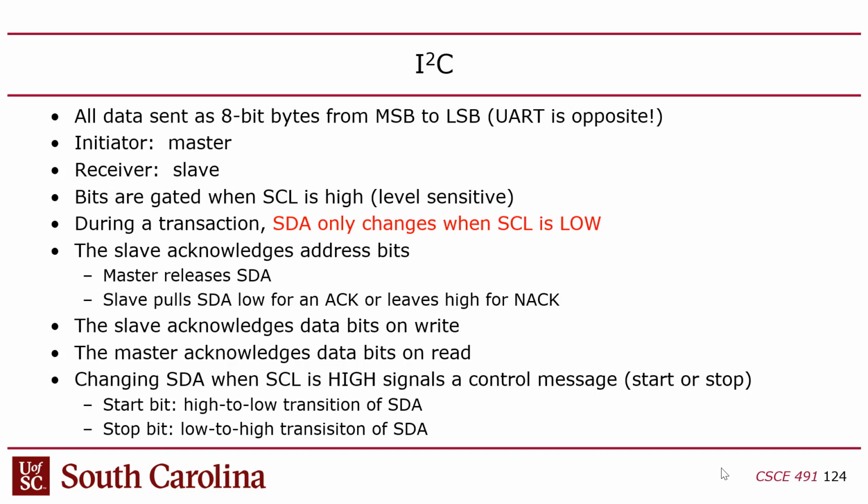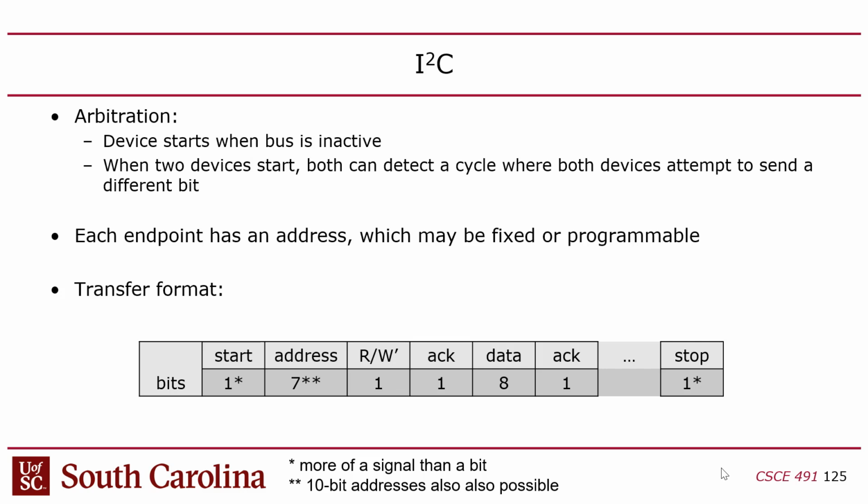Okay, so how does the protocol actually work? There is a transaction protocol that's defined. It starts out with a start signal, and I'll talk more about that in a minute. It's not a start bit like UART has a start bit.